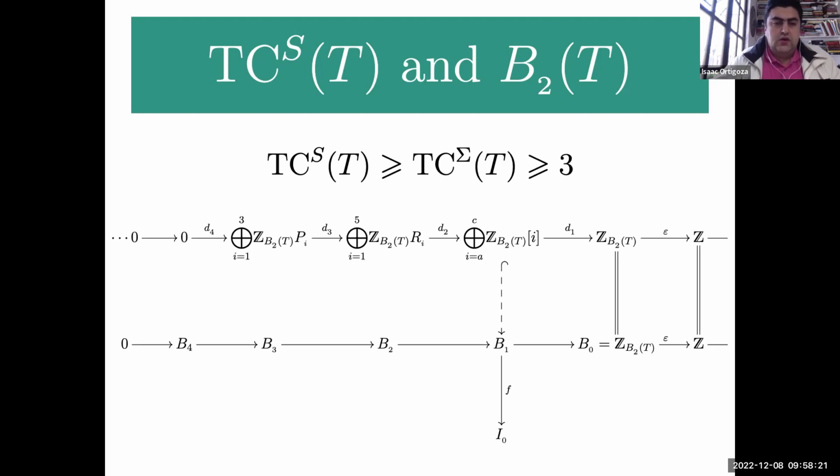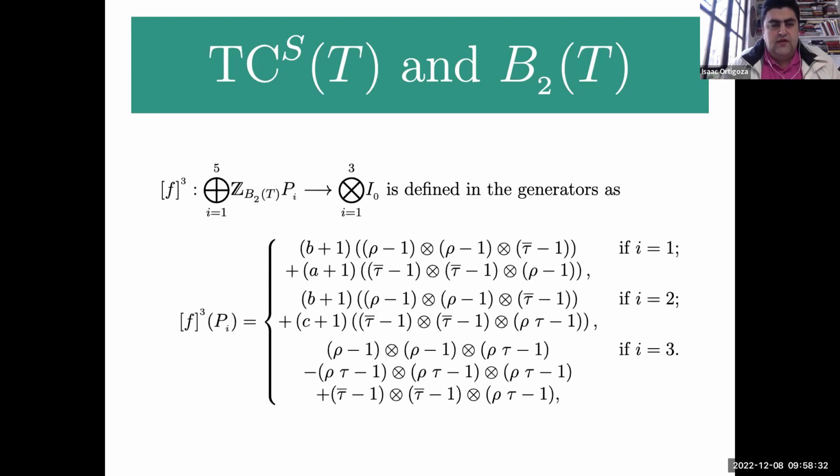Well, using my formulas, I was able to calculate the third power of this cochain class, and I obtained the obstruction cochain, and it's given in the generators by this.